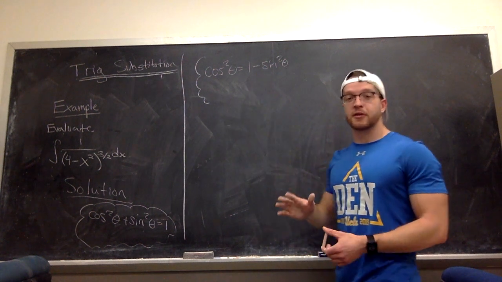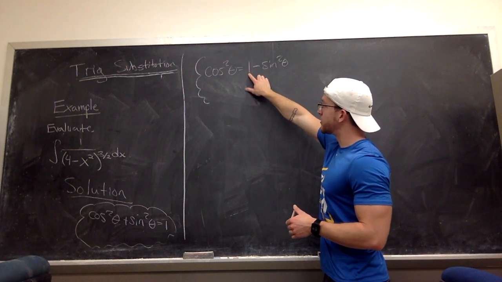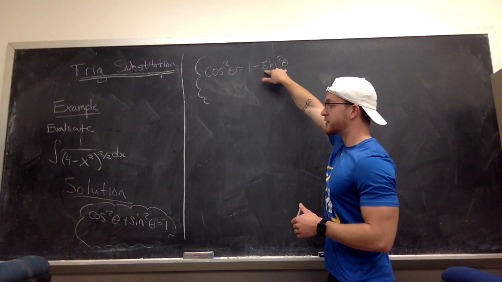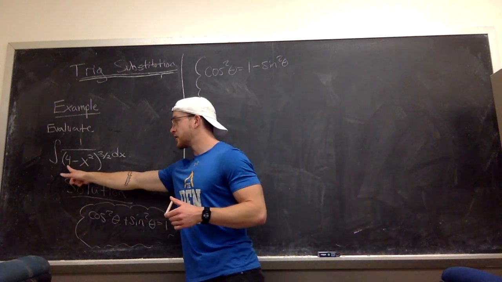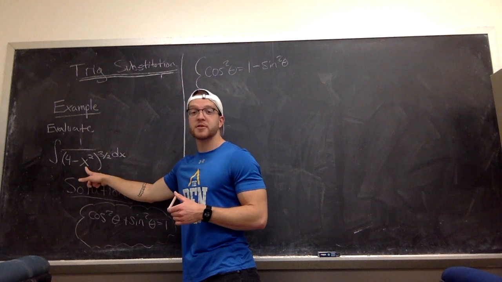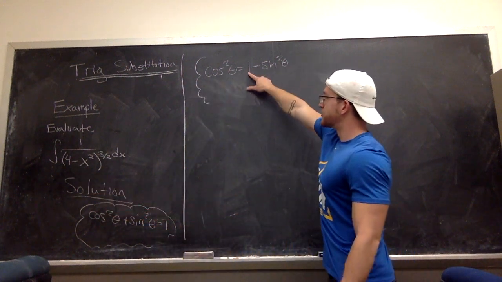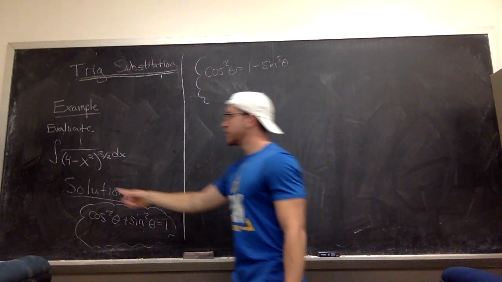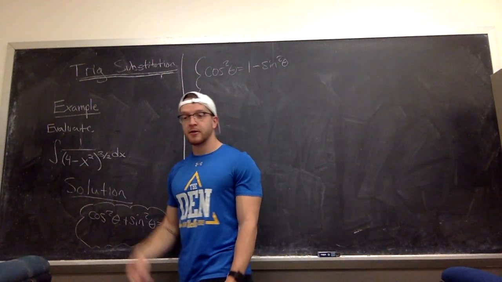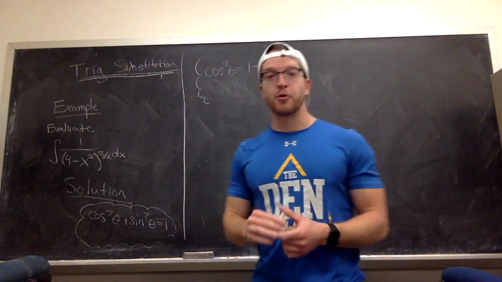They're vague similarities, but what I mean is over here I have a constant minus something squared, and over here a constant minus something squared. Now, one issue is that while the constant over here is 1, the constant over here is 4. 4 is not 1. Okay, well, what could I do?